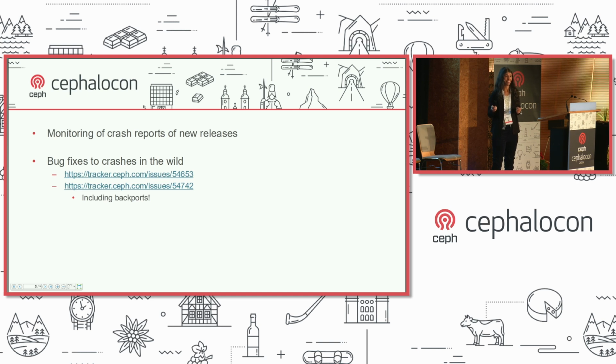So this is very, very useful for us if you report telemetry to let us know about new crashes that happen whenever we release new versions. We have some examples of bug fixes for crashes that happened in the wild and were reported automatically. Some of them even include backports.